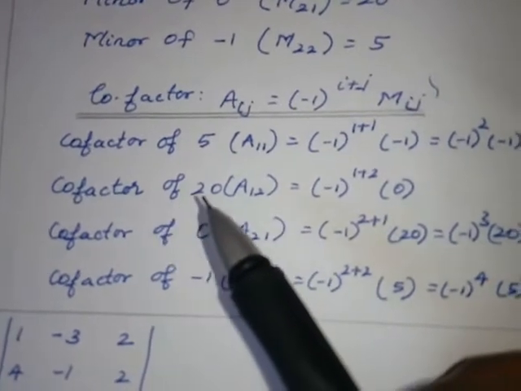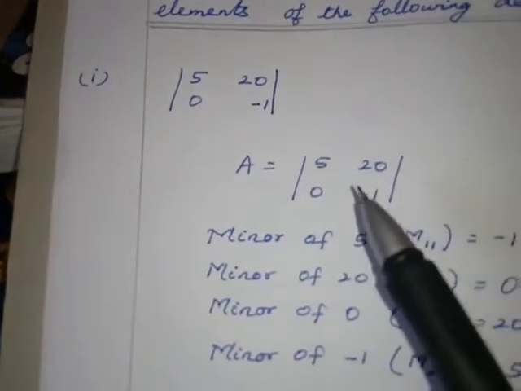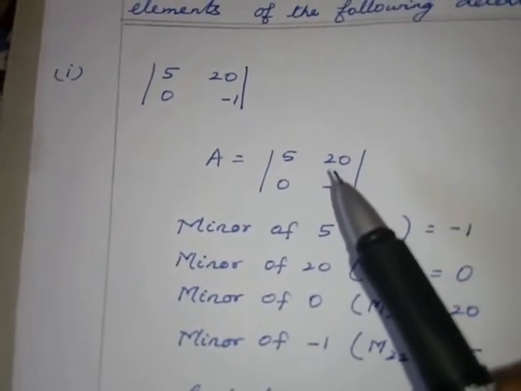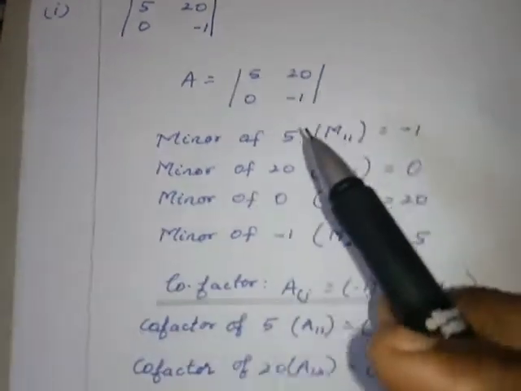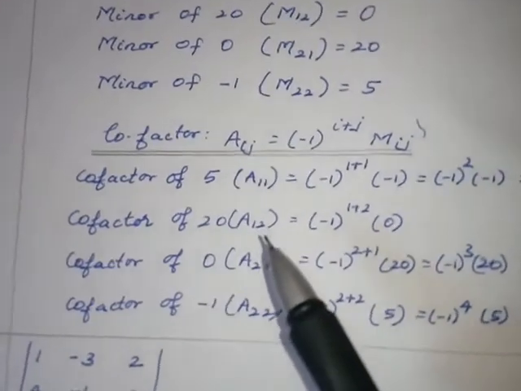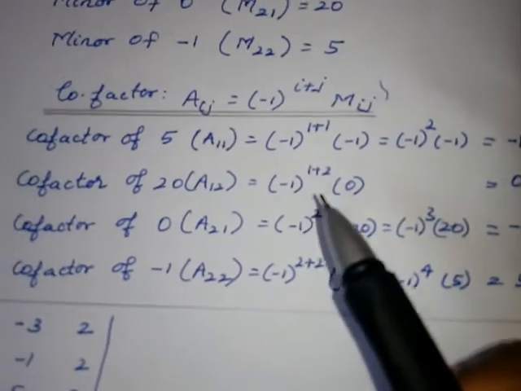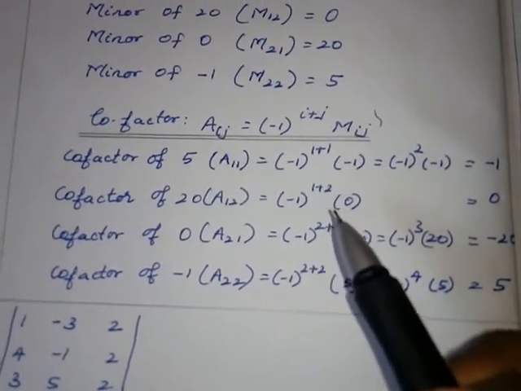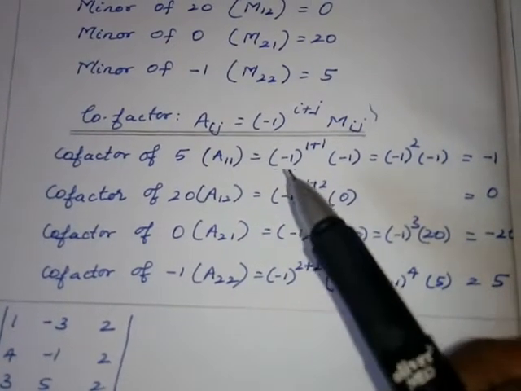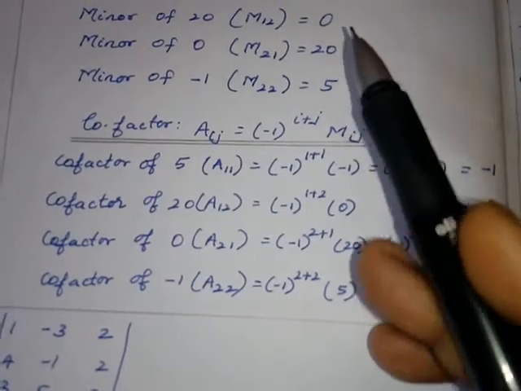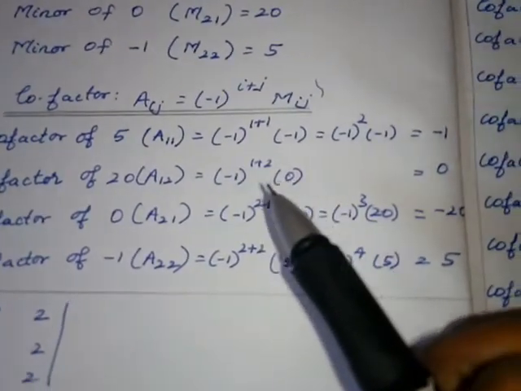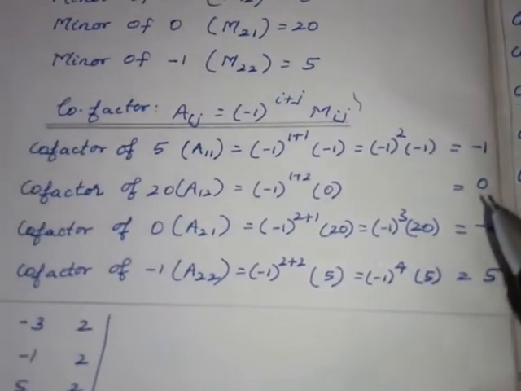element, cofactor of 20. 20 is the second element where it is located in A12, first row, second column. Minus 1 whole to the power 1 plus 2 into Mij. M12 is 0. So substitute 0. 0 into something, answer is 0.